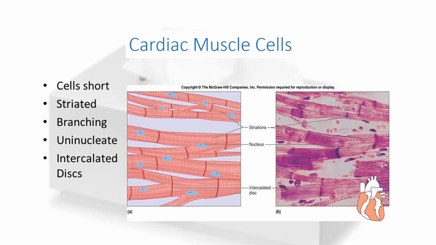In your biceps, for example, only the muscle cells that you want to use contract to pick up a cup or to write something down. But in the heart, every cell contracts, and every cell contracts with the exact same force.